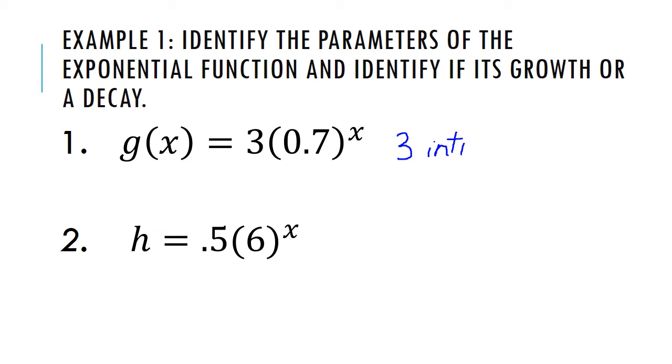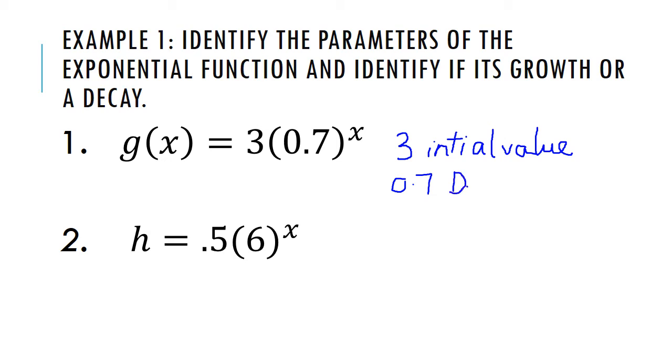Now, since 0.7 is a value between 0 and 1, that means we have a decay function. So 3 is the initial value, and 0.7 is the decay factor.